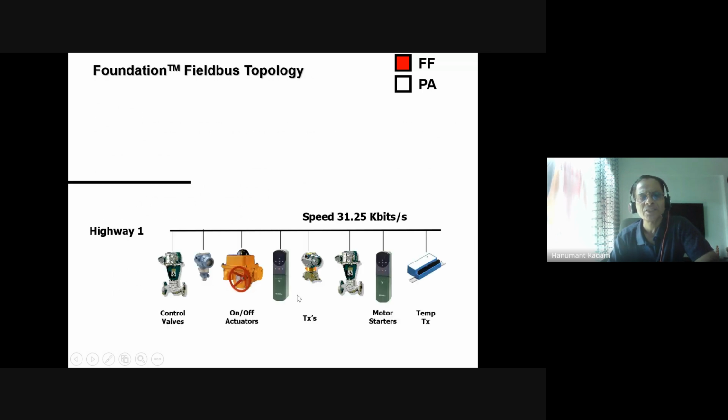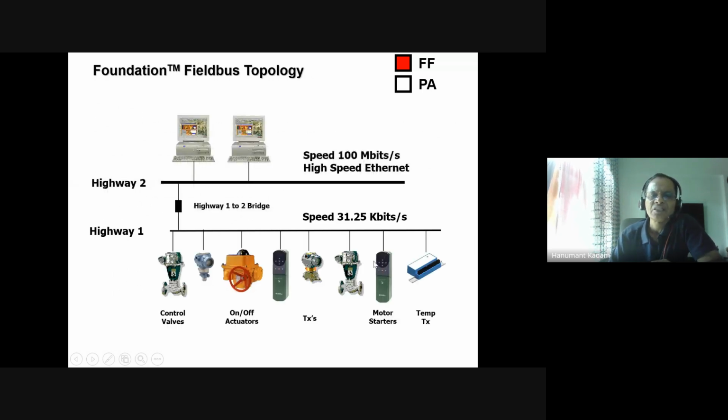Here you can see this is H1 at 31.25 kbps, where your field devices are on the network, and this is your standard industry grade Ethernet at 100 Mbps, and these are the workstations.